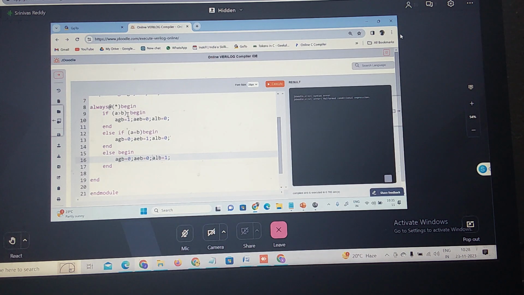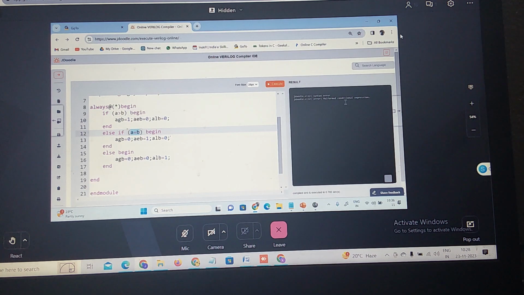I am checking for A greater than B, A equal to B. This should be the condition: if A is 30, B is also 30. This condition, 30 is equal to 30. Correct? 30 is equal to 30.